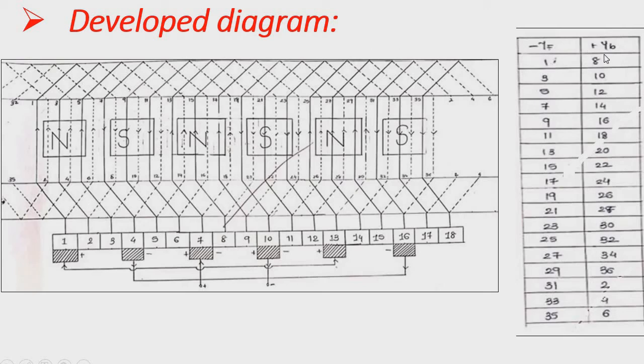So winding starts from conductor number 1. So 1 is connected with 8; 1 is a front conductor and this is a back conductor. So 1 is connected like this to the 8, and 8 is again a back conductor, that's why it is drawn in dotted form.